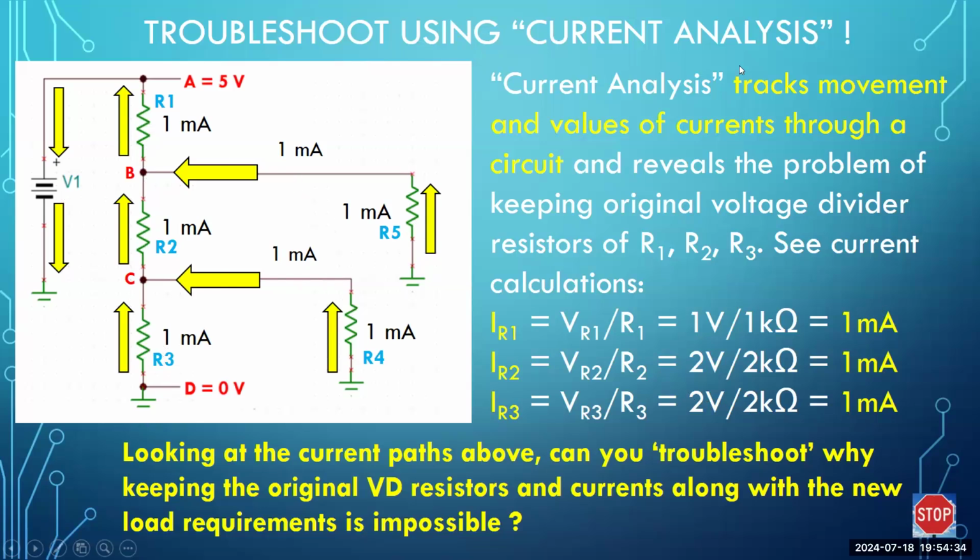Because if you follow using current analysis, follow this now, watch carefully. Electrons leave the negative plate of voltage source. They flow down to ground, and we said ground can be shown any of a number of places. It is a singular point, and even though we don't connect it with a wire, as the electricity flows to ground point, there happens to be 3 other ground points that are shown in the schematic.